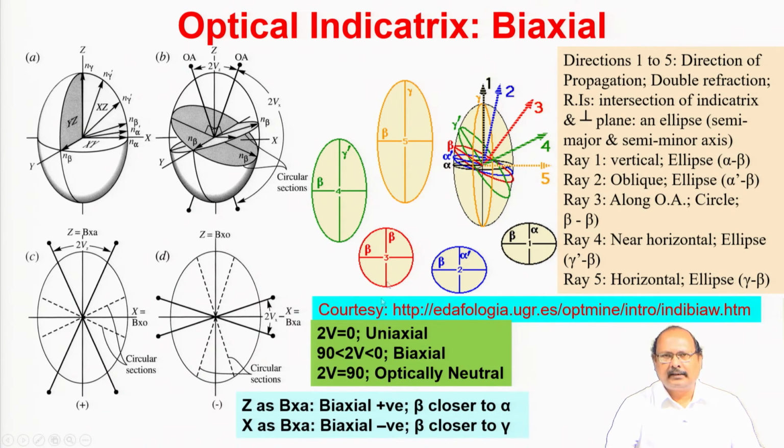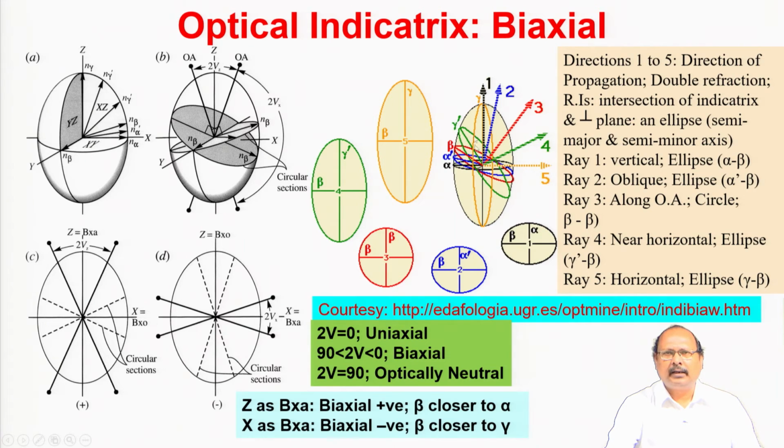And this is the same thing, that is how you cut this particular biaxial ellipsoid in different directions of light vibration, we call it 1, 2, 3, 4, 5. There are different directions of vibration.